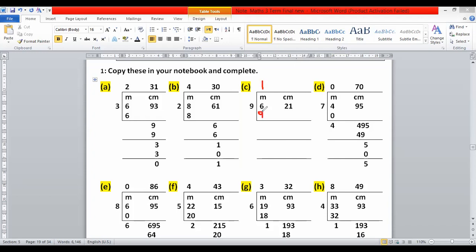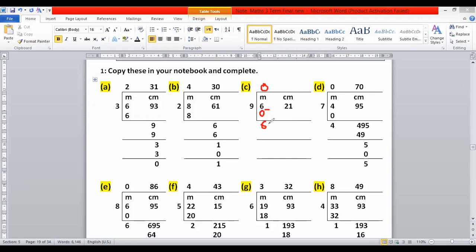So in this situation, you have to multiply 9 by 0, because when you multiply 9 by 1, you get an answer more than 6. Remember this point. So 9 times 0 is 0, and 6 minus 0, answer is 6. It means 6 meters are remaining.